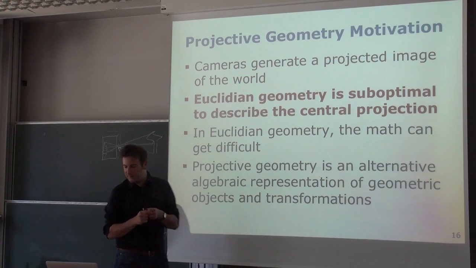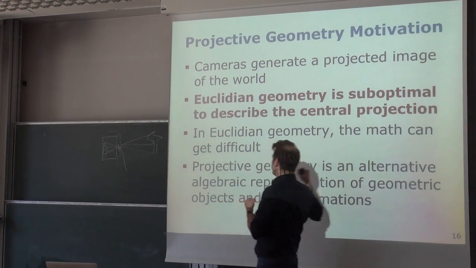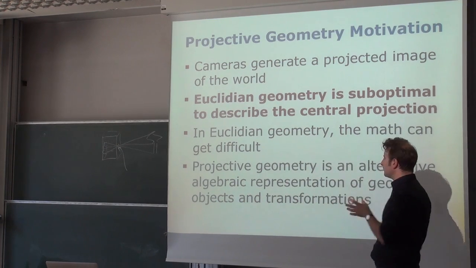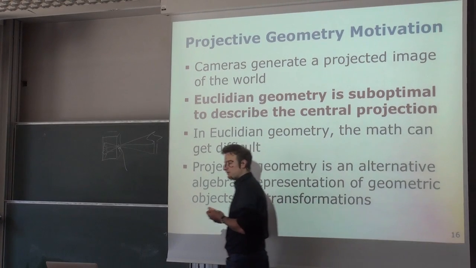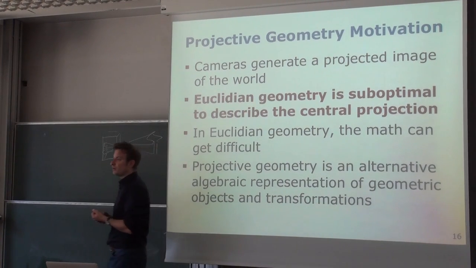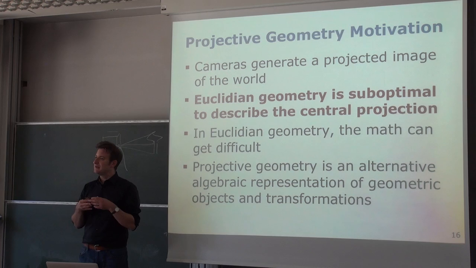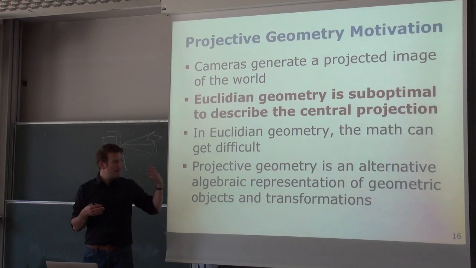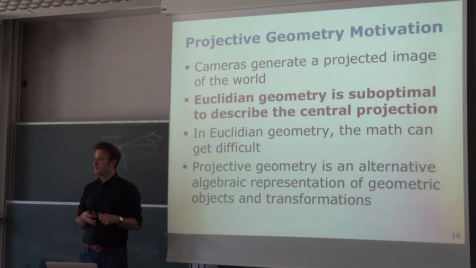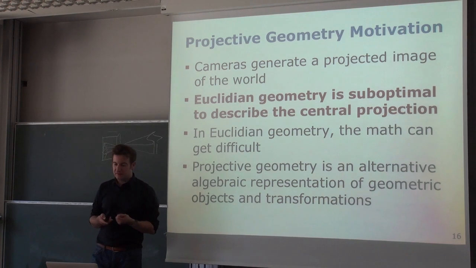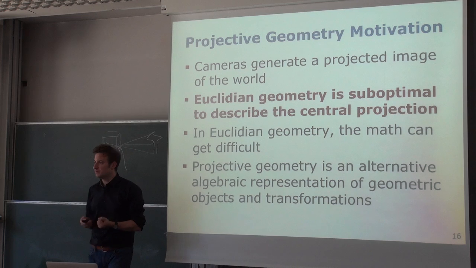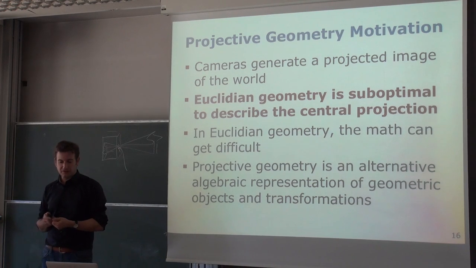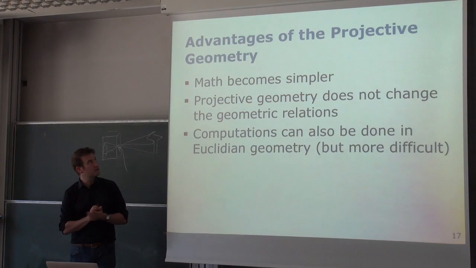It's important to note that projective geometry is just an alternative framework to describe our objects and transformations in the real world. It's not that we can do better things with this technique compared to the Euclidean world. The only thing is that things typically get easier. In Euclidean geometry, the math can get pretty difficult if I want to do all those computations, and this is not the case for projective geometry.